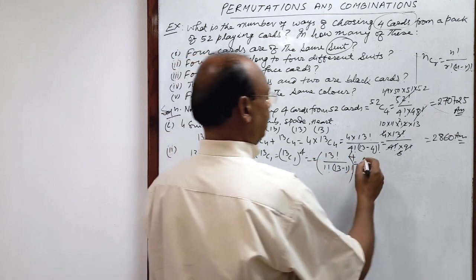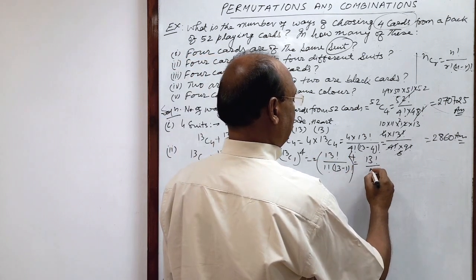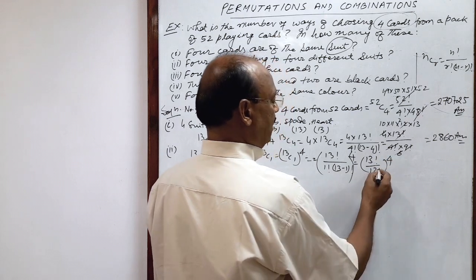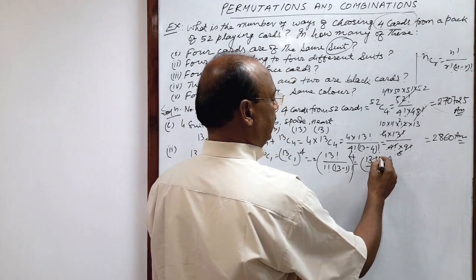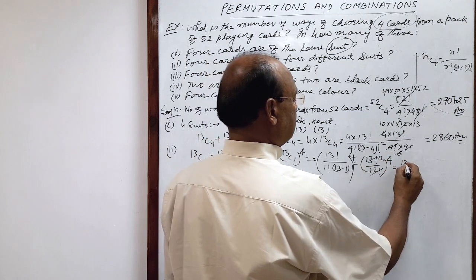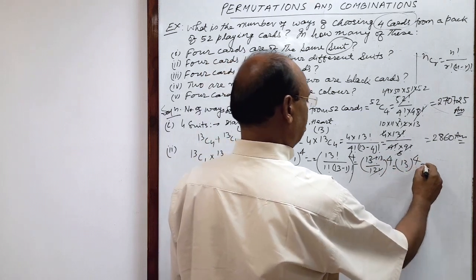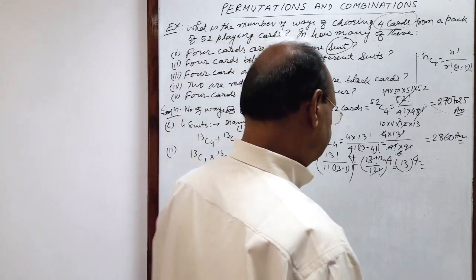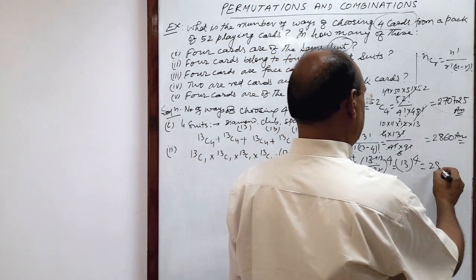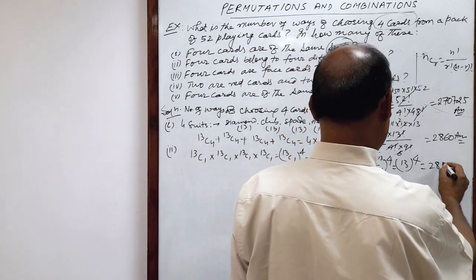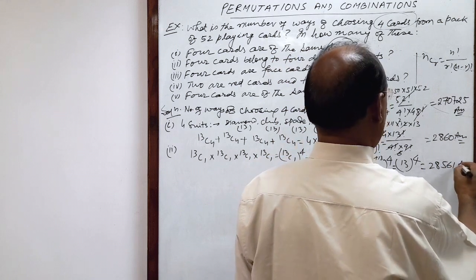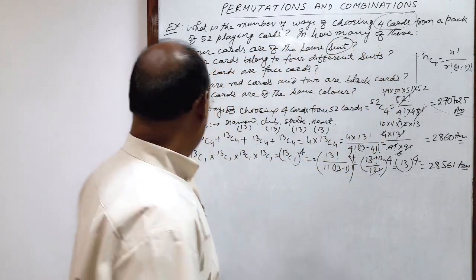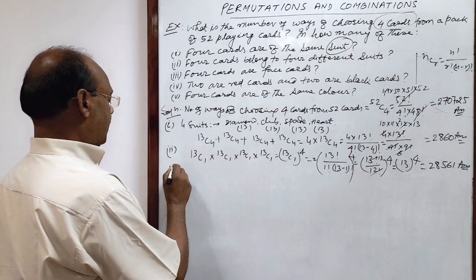So this is 13 factorial by 12 factorial whole to the power 4. This 12 factorial will be cancelled out, we will get 13 here. So this is 13 to the power 4, and let us simplify it. Okay, we will get here 28,561. This will be the answer. Very simple. Now let us see the next part.